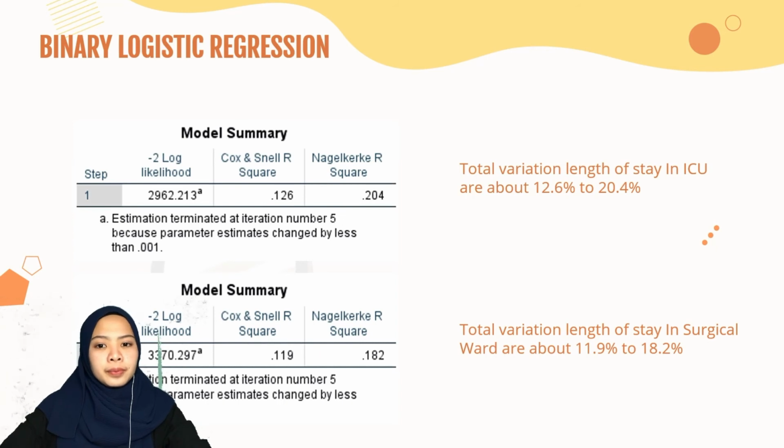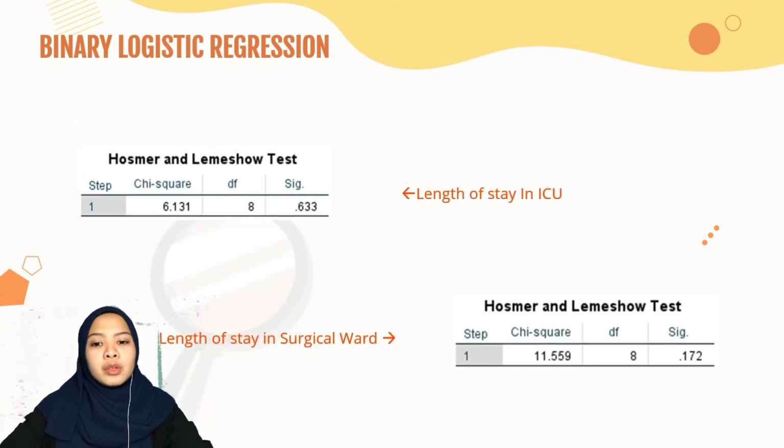By using the Hosmer and Lemeshow test, since the significance value is more than 0.05, we can say that the data fit both models well.